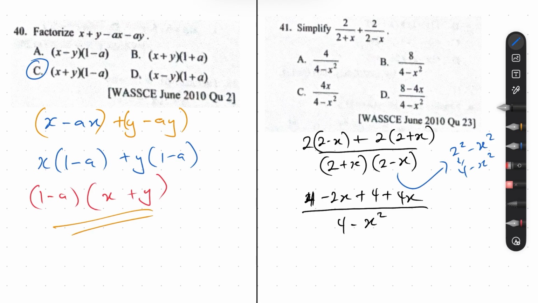So if we simplify, what do we have? We would have 2x plus 8 all over 4 minus x squared. Is that it? Am I right?